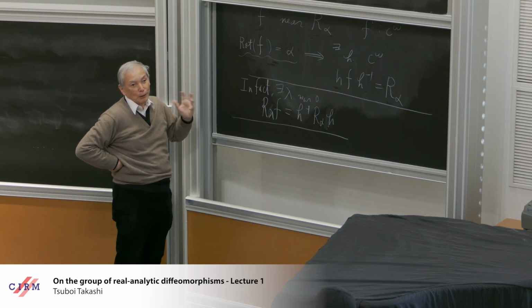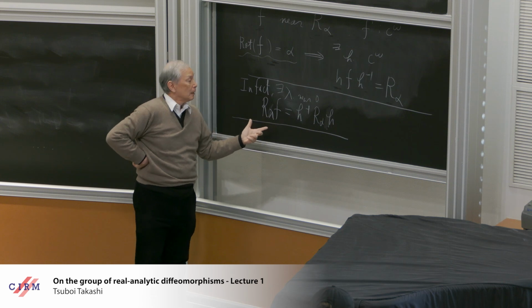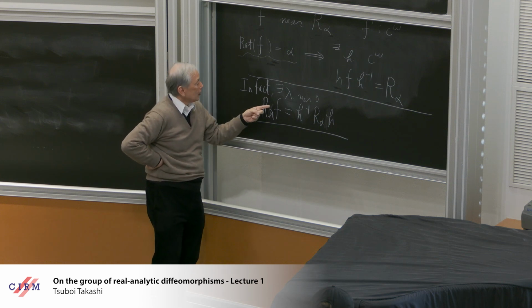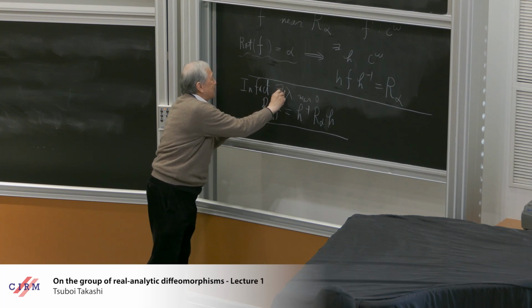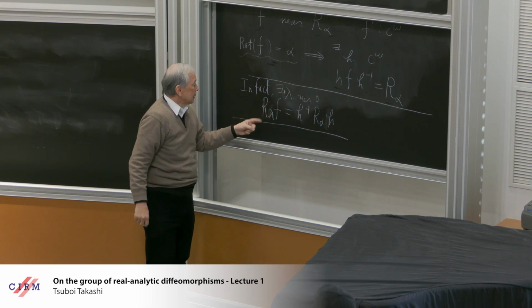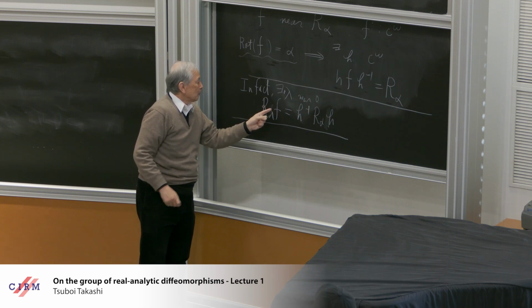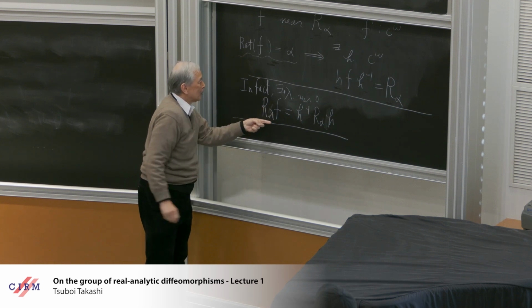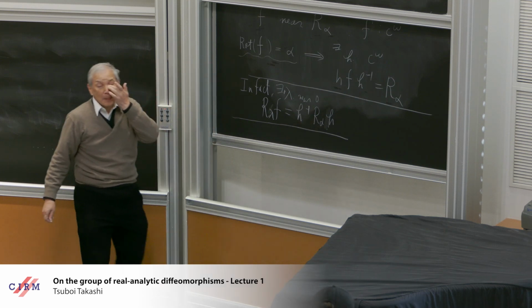If there is a big rotation, then we should obtain a big rotation. So in fact there is a unique lambda such that F composed with the rotation is the conjugate of this rotation.